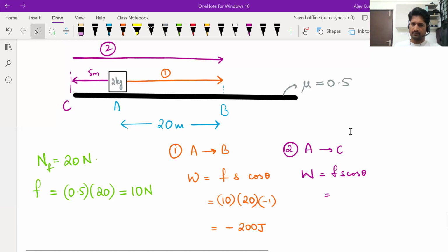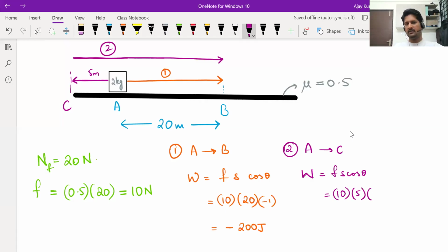Friction is 10 newtons. Okay. Displacement is how much? 5 meters. Angle between friction and displacement? 180. So when the block is taken from A to C, it is dragged to the left. Friction will act to the right. Okay. The angle is again 180, cos is minus 1. So minus 50 joules is done.